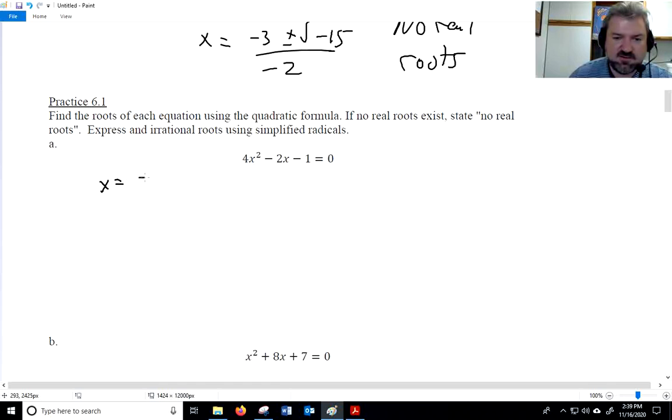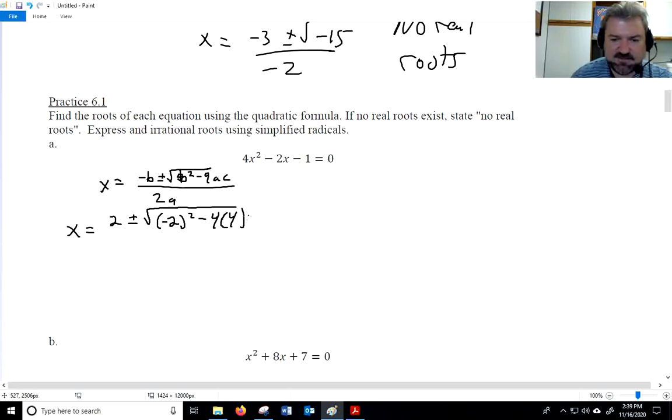X equals negative b plus or minus the square root of b squared minus 4ac all over 2a. So negative b plus or minus the square root of b squared minus 4 times a times c all over 2 times a.